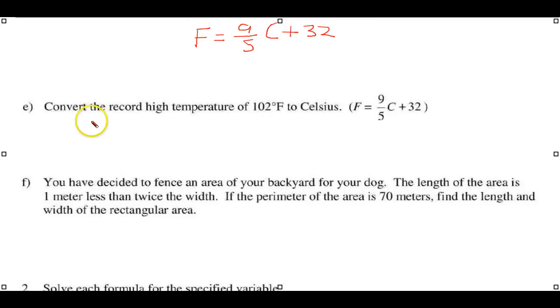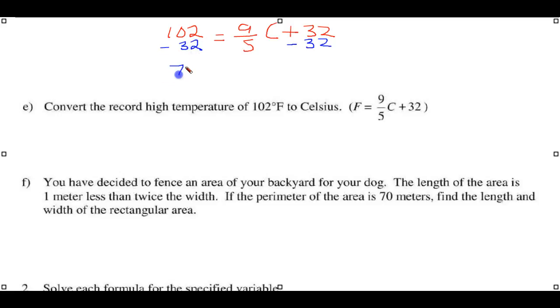So where I have the F, to save a little room, I'll put the 102 there. Now, in solving something like this, I could multiply everything by 5, but I could choose also to get rid of my 32 first by subtracting 32 from both sides. Or I could just transpose.